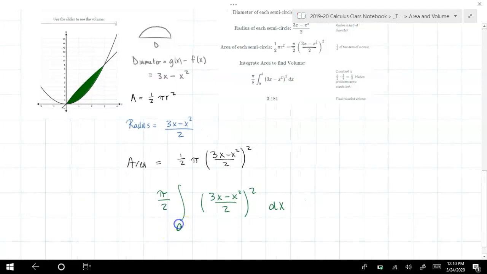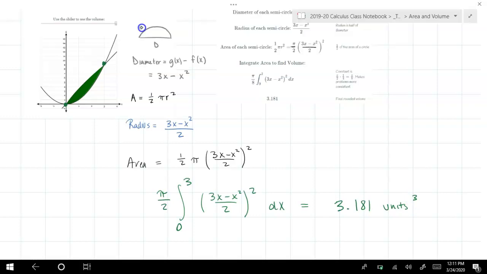We start at 0, and these two functions meet at 3, 9. So going from x equals 0 to x equals 3. And you can sub this into your calculator to find this volume, which should come out to 3.181 units cubed.